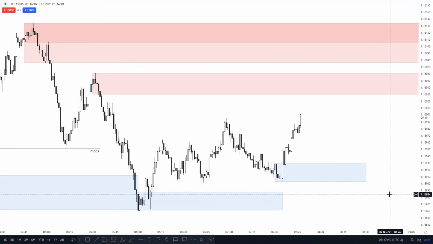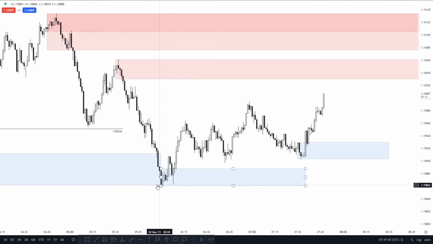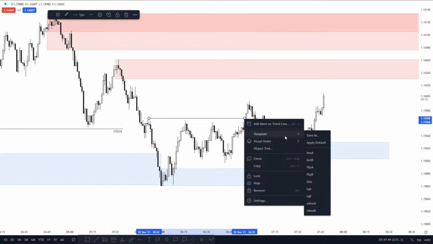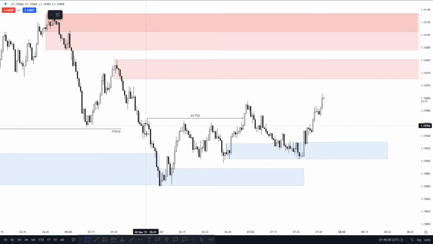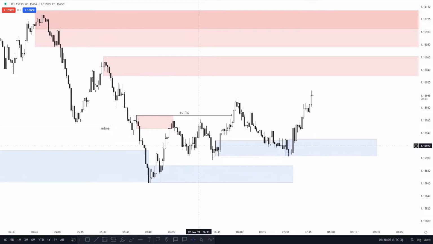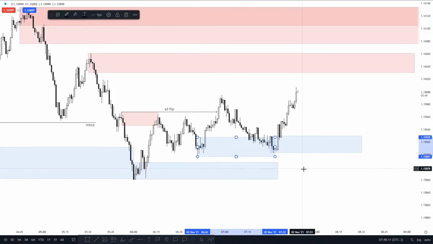1 minute, beautiful, beautiful 1 minute. So we tapped an area of demand, we broke it by a tick or a pip. I don't think it was too much to really consider it much of importance. We tapped supply right here a couple of times, failed to hold, and the cause was basically this extreme range that price has managed to respect.